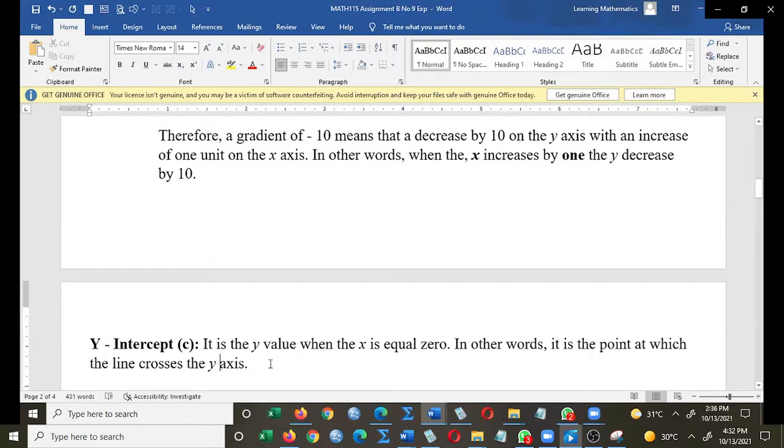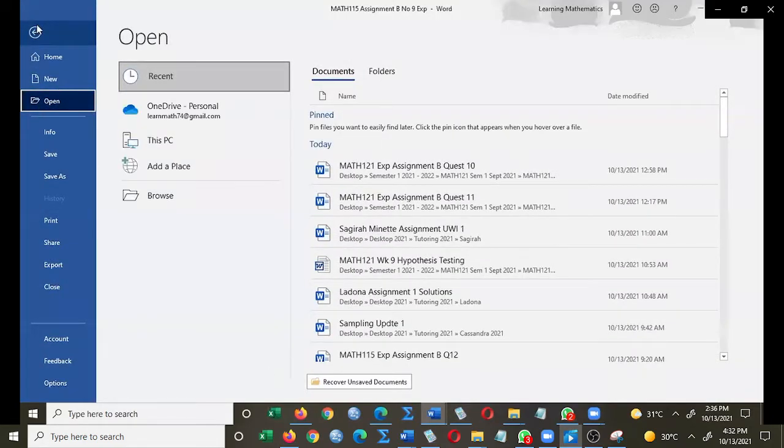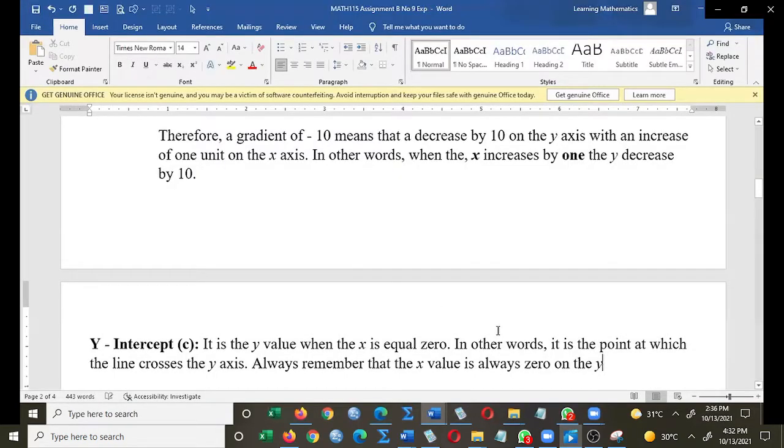Always remember that the x value is always 0. 0 where? Where the line crosses the y-axis. The x value is always 0 on the y-axis.